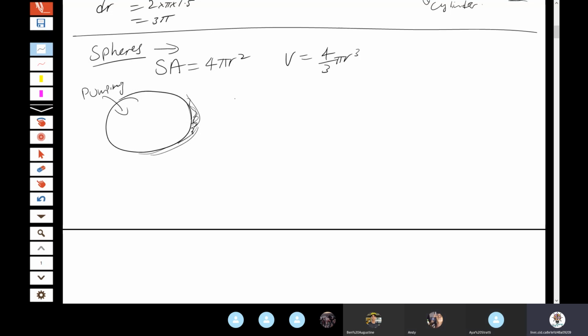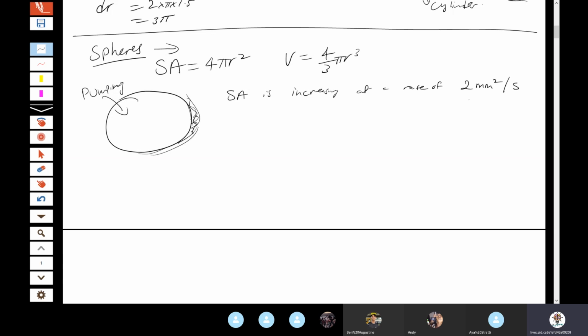So if I said I'm pumping a balloon, or I'm pumping a ball, whatever, and the surface area is increasing at a rate of 2 millimeters squared per second. You straight away know what?